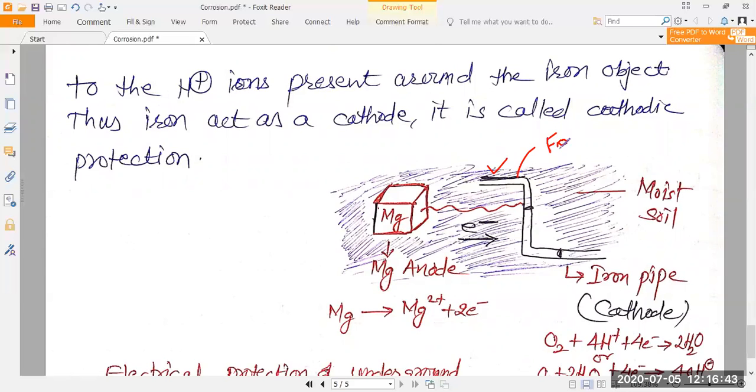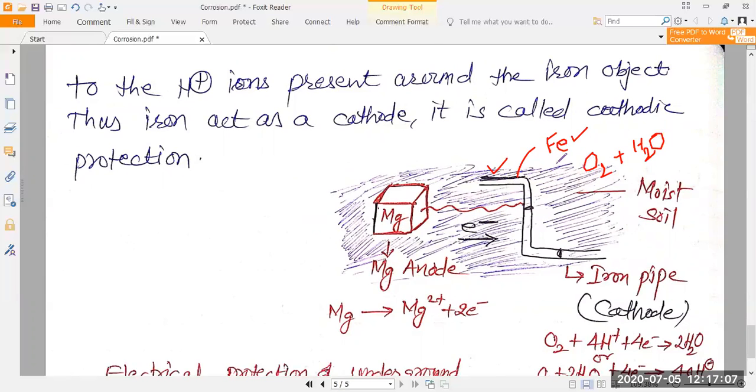Now we have to protect this iron from rusting or corrosion, because iron pipes are buried in moist soil, and in the moist soil they react with oxygen and water vapors present in the soil, and they will corrode.